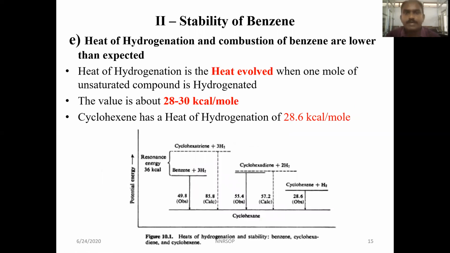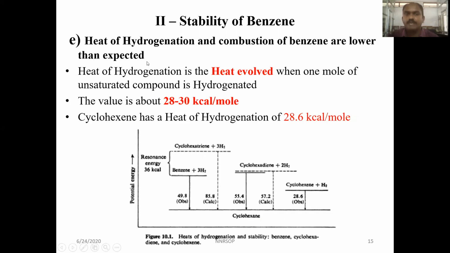One more point we need to discuss here is that benzene has very low energy. We know that most unstable molecules have high potential energy, meaning stable molecules have less potential energy. So when you compare, the heat of hydrogenation of benzene is very much less than expected.